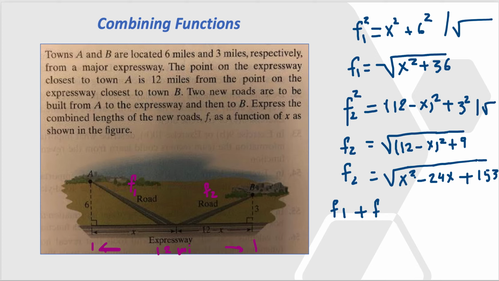In this case, this combination is addition, adding the functions, and it's going to be equal to the square root of x squared plus 36, and the other part is going to be f2, which is equal to this very long expression, the square root of x squared minus 24x plus 153.